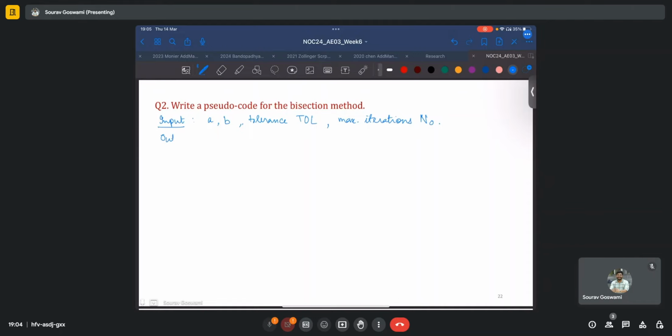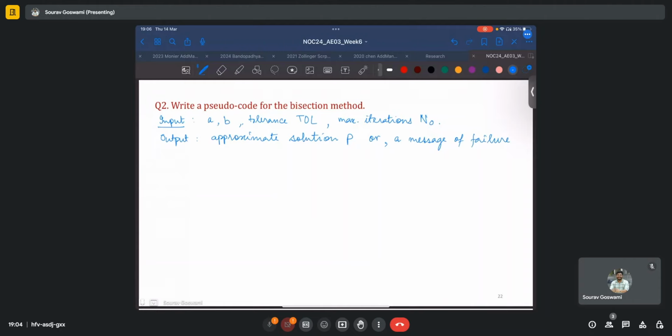The output we desire is either the approximate solution within the tolerance limit, or if nothing else, at least a message of failure. Because we should know that something is wrong with the code. It should not just terminate by itself and leave us in the dark.